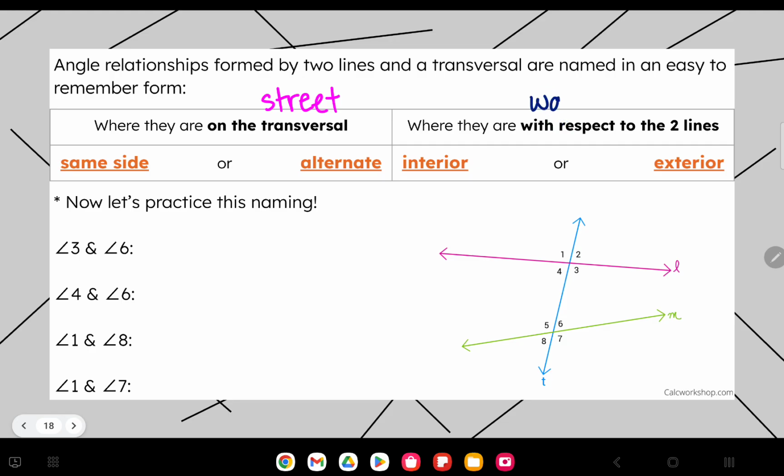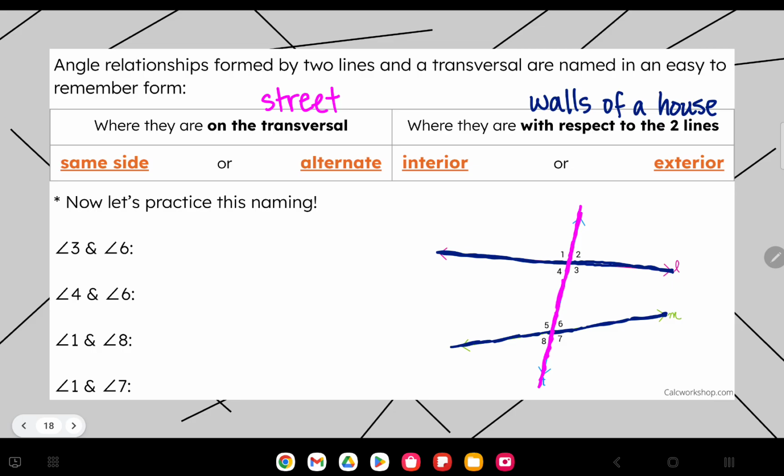Those are the walls of our house. So line L and line M are the walls of our house. And then line T is our street.